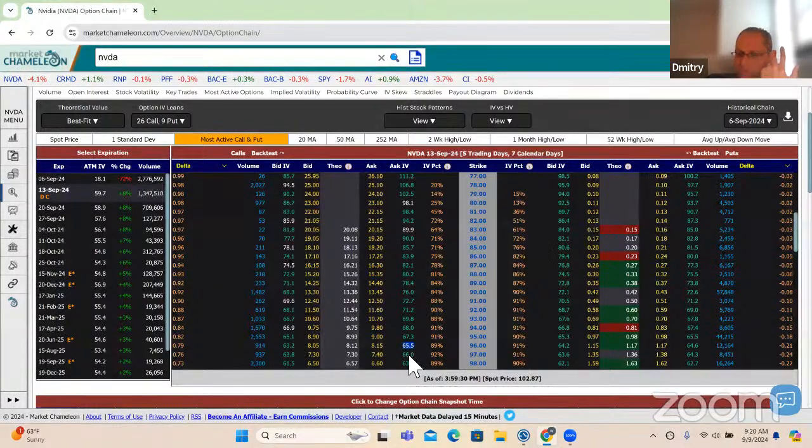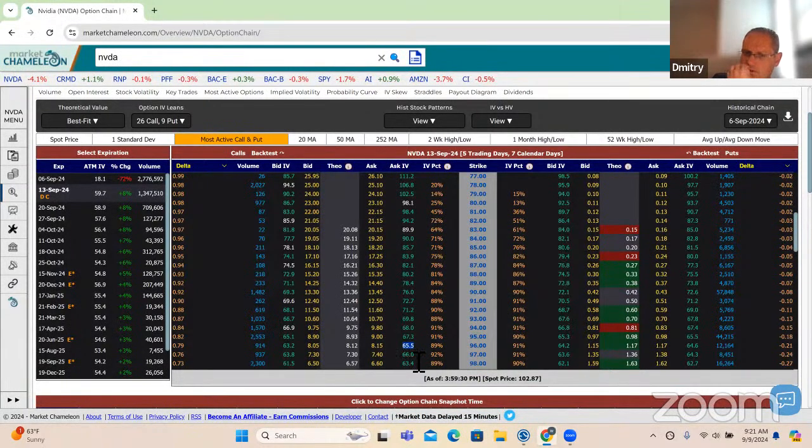It's less than both the surrounding. So remember, we're making a comparative analysis and we're saying, well, why is that one in particular? If you run a smooth curve through all these strikes, you would think it'd be somewhere between 67.3 and 66, but this is a little bit jaggedy.